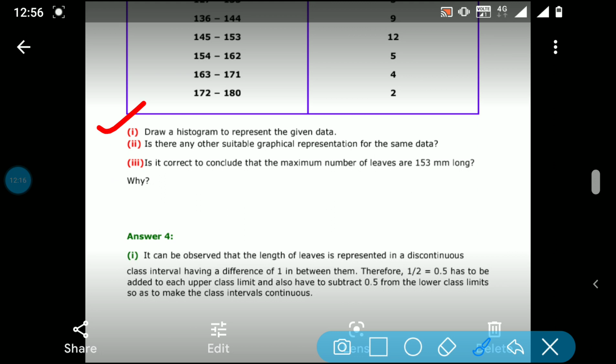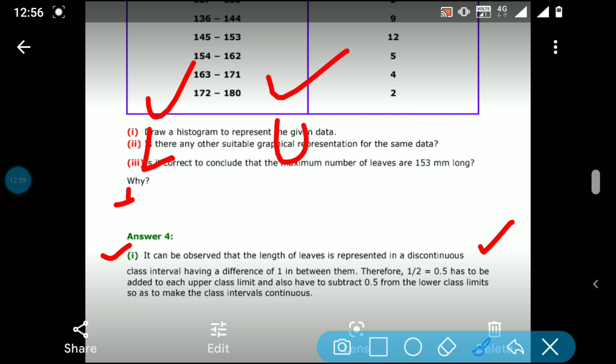To arrange this data in regular form, some points are given here. It can be observed that the length of leaves is represented in a discontinuous form. Discontinuous means not continuous and not regular. The class intervals have a difference of 1 between them. See, 171 to 172, so there is a difference of 1. Therefore, 1 upon 2 is 0.5, and 0.5 has to be adjusted. This side is the lower limit and this side is the upper limit.